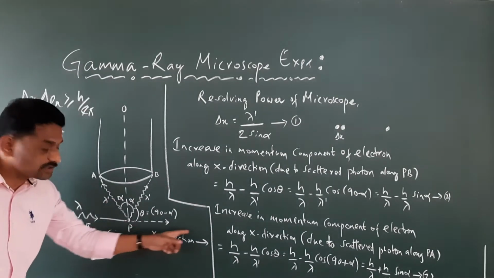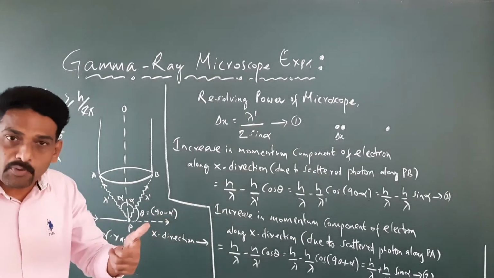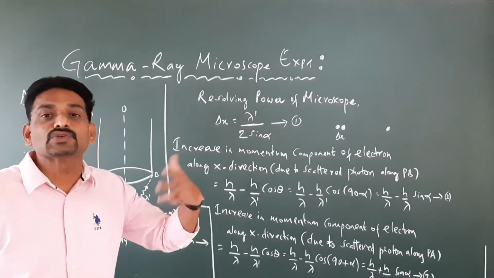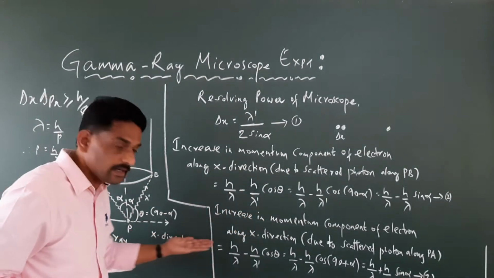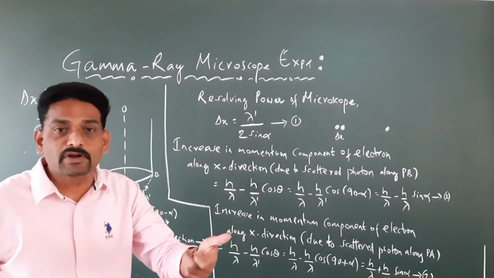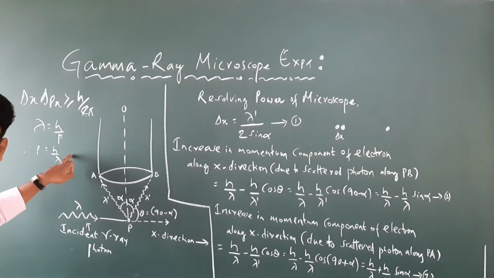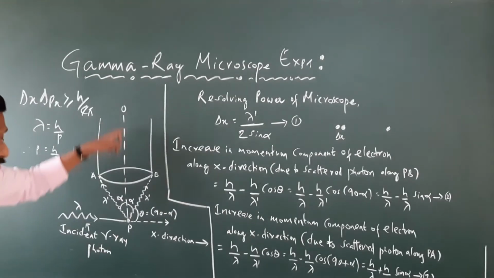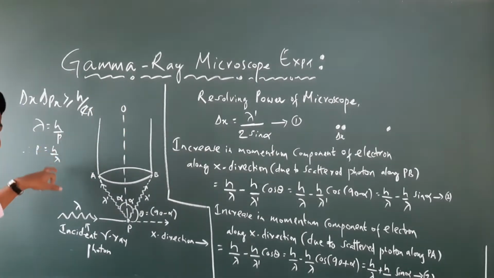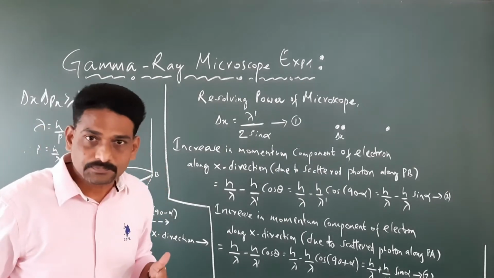Along the x direction, the momentum component is going to be h divided by lambda into cos theta. In the perpendicular direction, it is going to be h divided by lambda into sin theta.